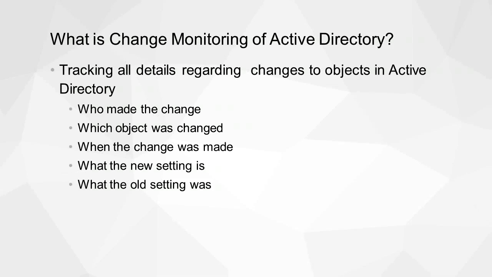If I can get this level of information tracked for my Active Directory changes, and you were able to get reports or even alerts on these changes, imagine how different your administrative process would be.